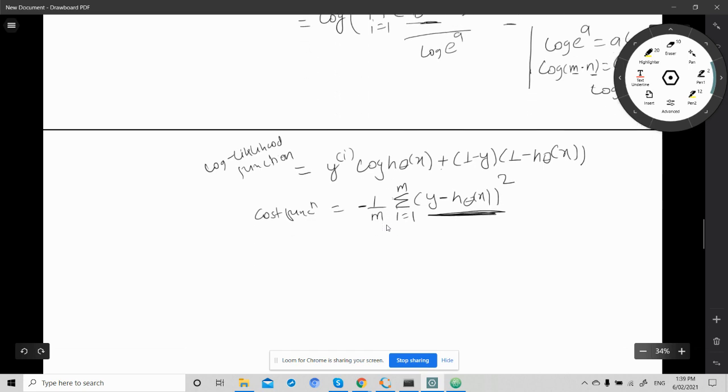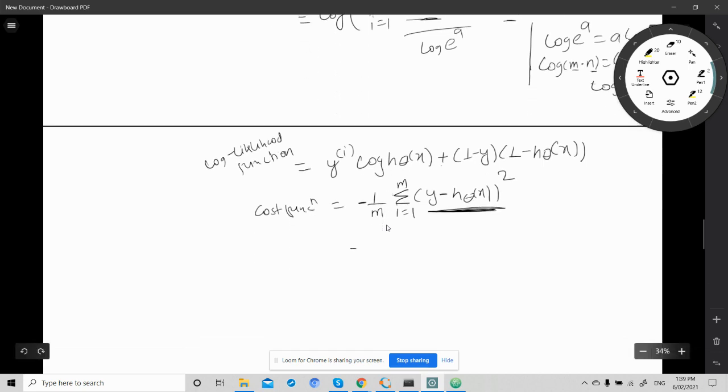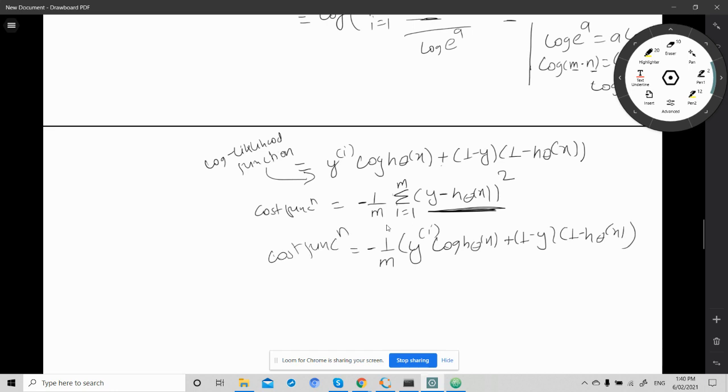Instead of using this equation, we are now using log likelihood. So it is replaced by y i log of s theta of x plus 1 minus y log of 1 minus s theta of x. So this is our cost function. This is how we derive the cost function.